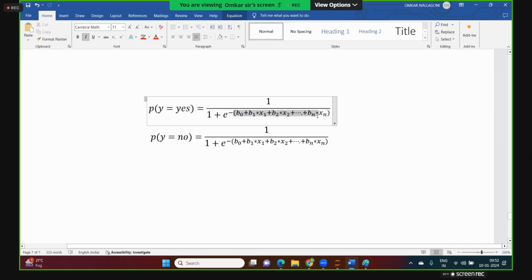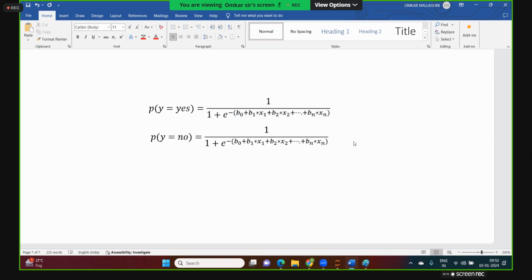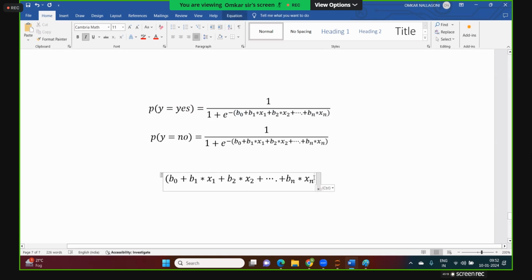You are thinking that the coefficient values are equal. On the LHS, there is the probability of the yes case and the probability of the no case. Two cases.